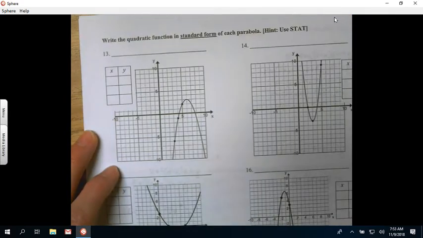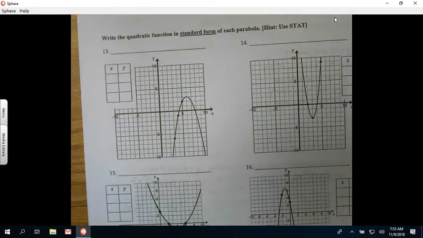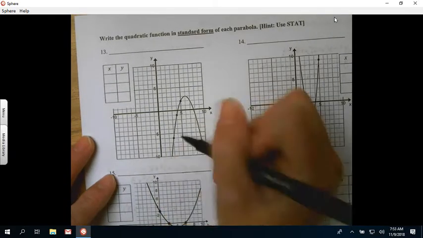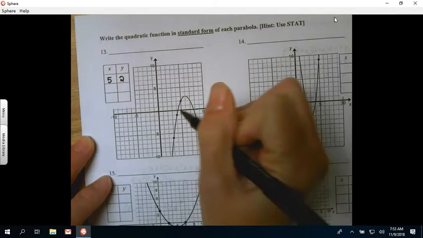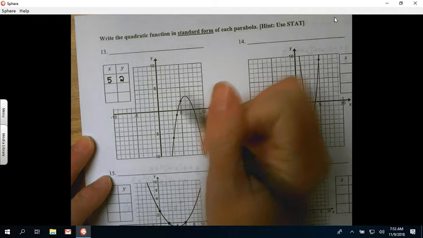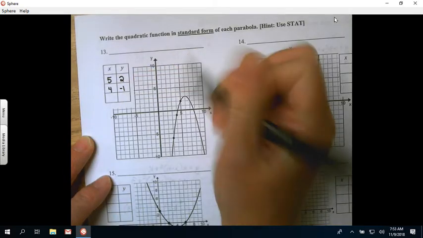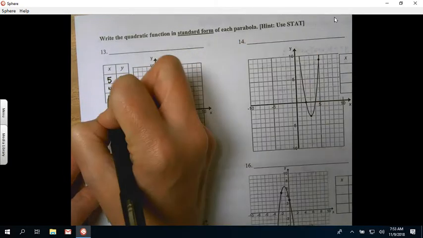These problems, where you're going to write it into standard form, you're actually going to use your calculator. So the first thing we need to do is go ahead and identify the actual ordered pairs on my graph. So they are points that have been chosen for me, and I just need to figure out the coordinates. So I have the point 5, 2, 4, negative 1, and 3, negative 6.